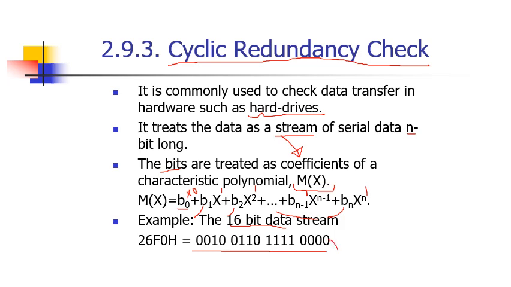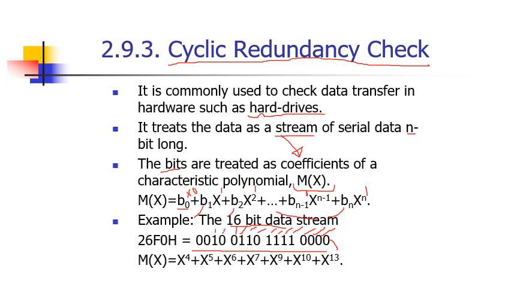For example, if you have a 16-bit data stream like this one, now this 0 is the coefficient of x to the power 0, x to the power 1, x to the power 2, x to the 3. They are all 0. The first terms to appear in the characteristic equation are x to the 4, 5, 6, 7, no x to the 8, x to the 9, x to the 10, no 11, no 12, x to the 13.